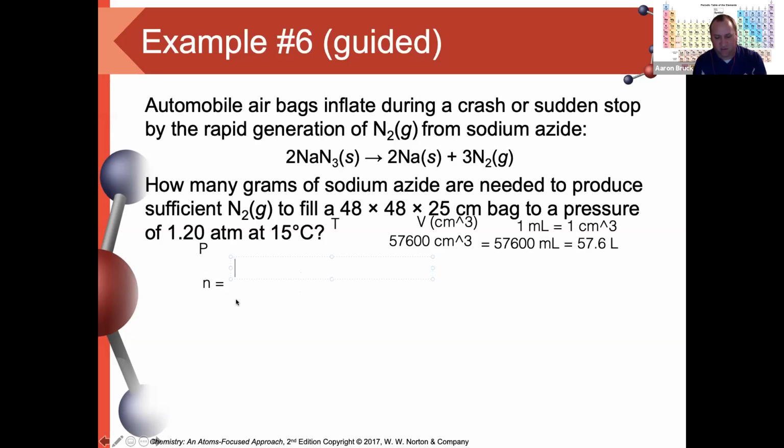So we've got a 57.6 liter bag times 1.20 atmospheres divided by 0.08206 liter atmospheres per mole Kelvin, and 15 degrees Celsius is 288 Kelvin.